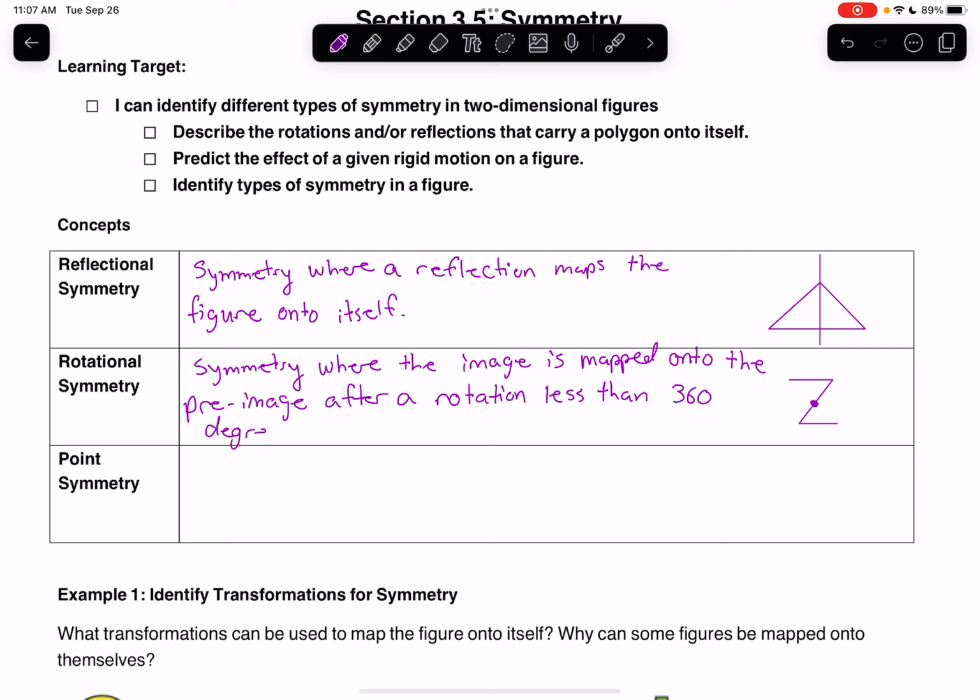And the reason that it's important that we say less than 360 degrees is because every shape is going to rotate onto itself when we rotate it 360 degrees.